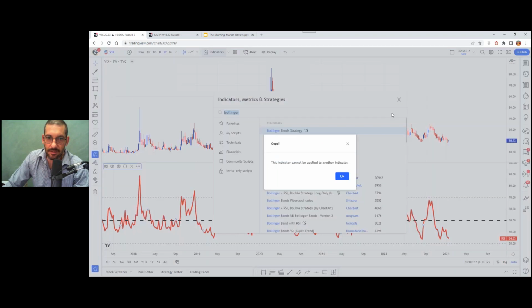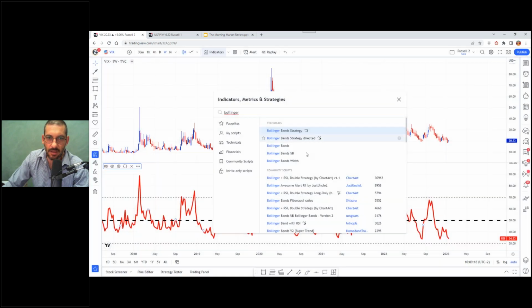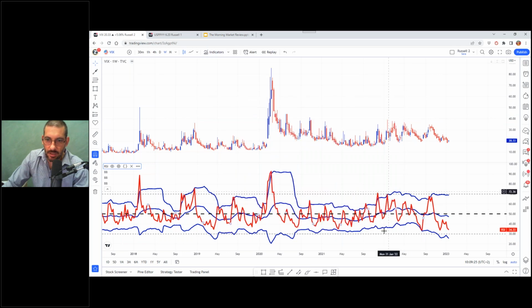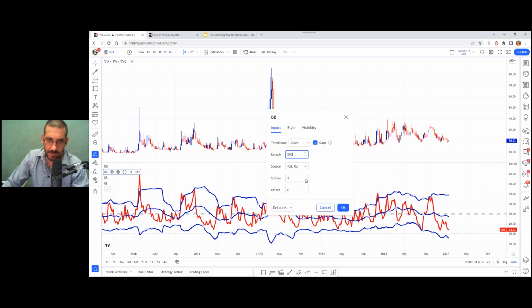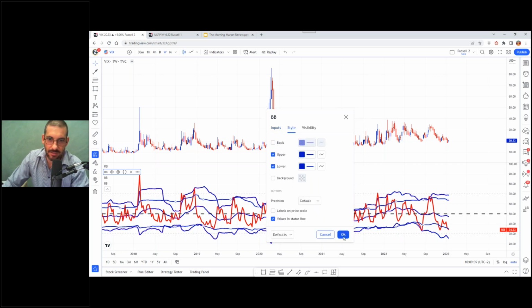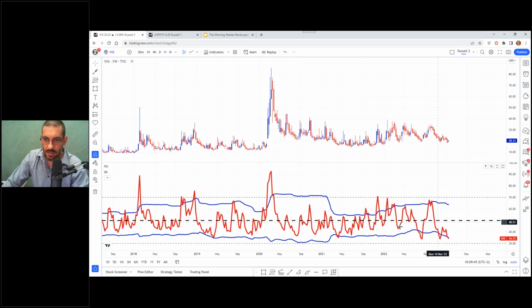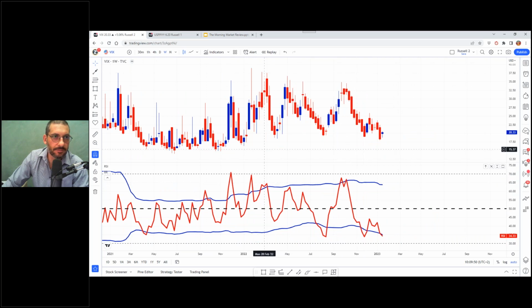Sorry, I'm choosing the wrong thing here. There we go. Let's just change. The settings here would be 50 and 1.5. Get rid of the basis here. Okay, and let's throw in the S&P 500.